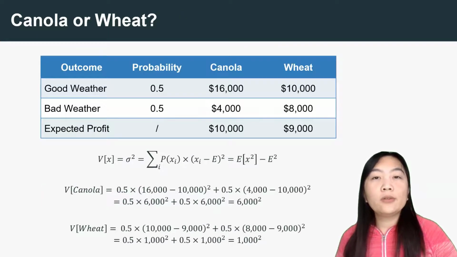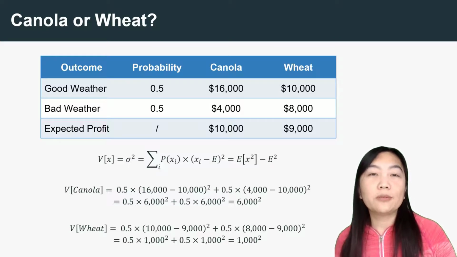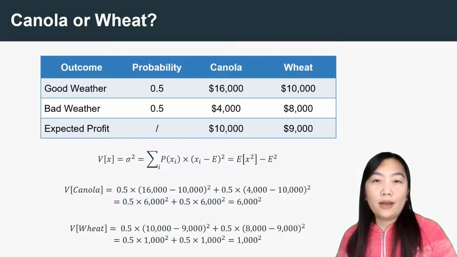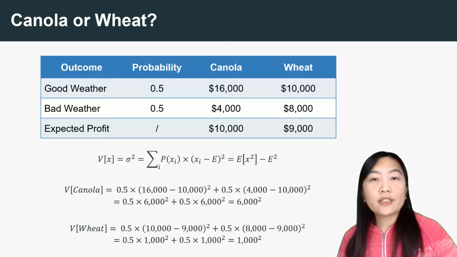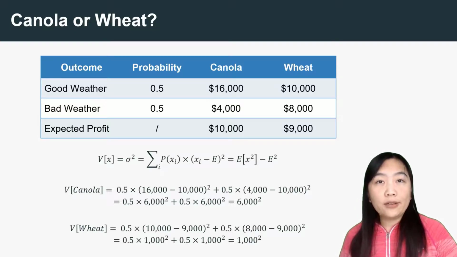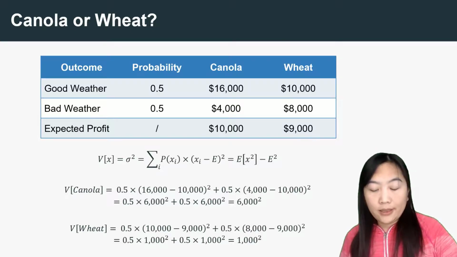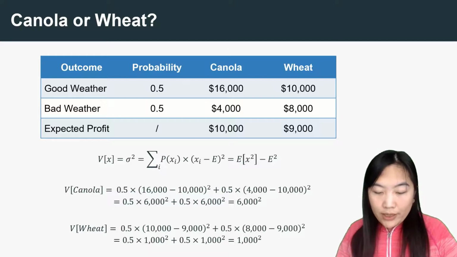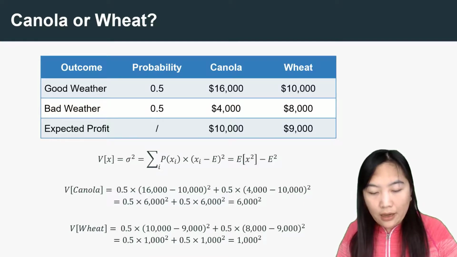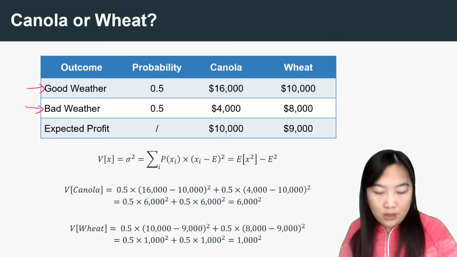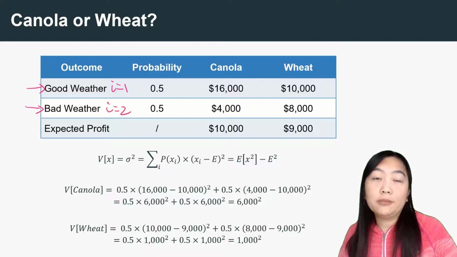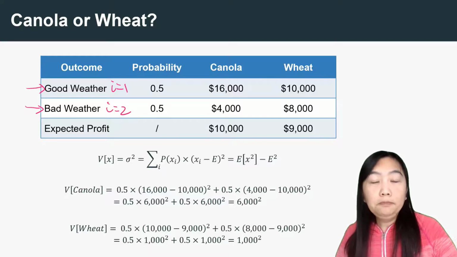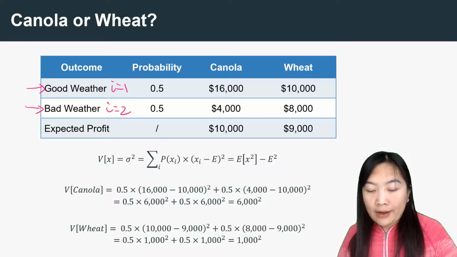Let's continue with the canola and wheat example. First, let's try to calculate the variance here. The outcomes are good weather and bad weather, so here we can say i equals 1 and i equals 2, and the probabilities of those happening are both 1/2.